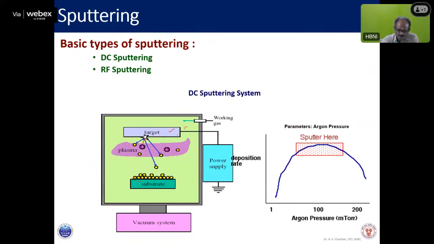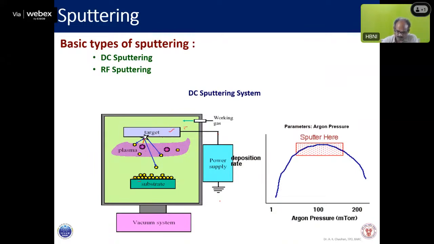The sputtering process may stop, because then the target surface will be covered by these ions. To avoid that, RF sputtering is preferred in such cases in place of DC sputtering. In DC sputtering, only a fixed negative voltage is applied.